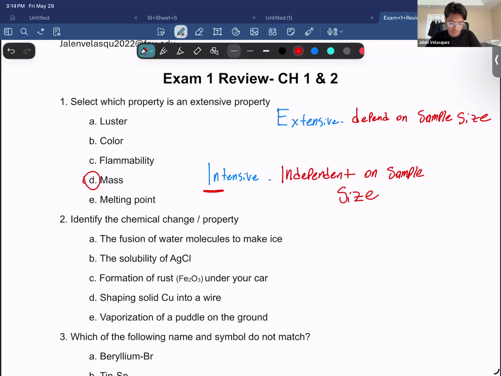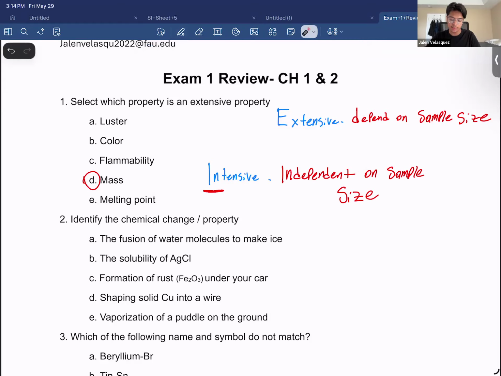Okay, so mass is extensive, right? That just kind of makes intuitive sense. If I'm holding a little Apple pencil, say one of these weighs like 2 grams. If I have 10 of these, it's going to weigh more, right? I have more sample size, more mass.